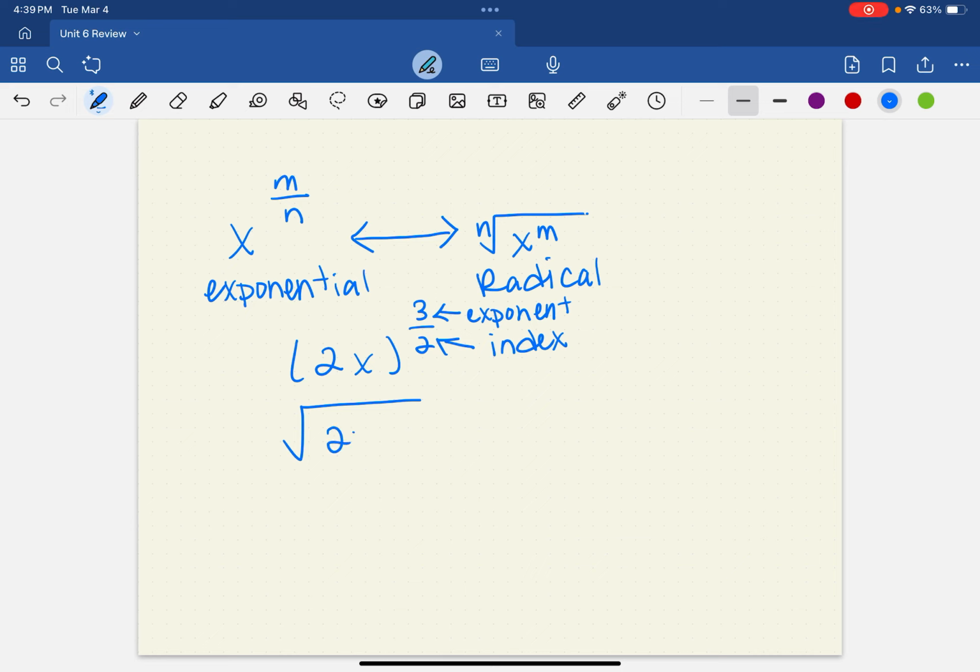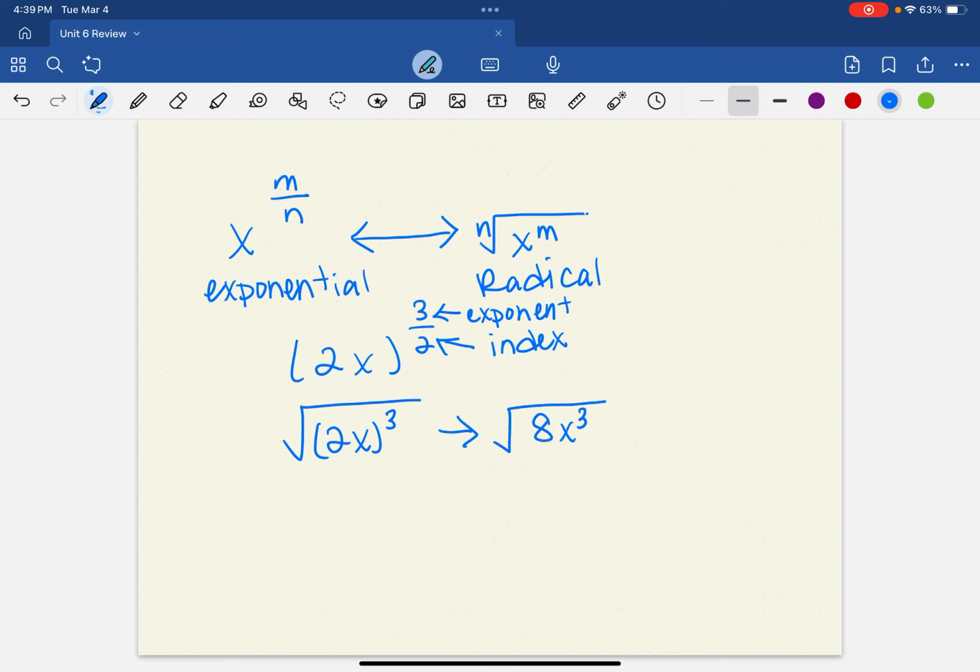Inside the square root, I'm going to have 2x to the power of 3. And on your test, I would accept this answer. However, you can go ahead and finish. You can do (2x) cubed. So that would be 2 times 2 times 2, which is 8x cubed. So the square root of 8x cubed.